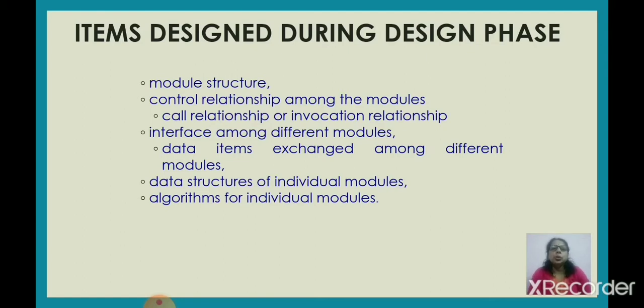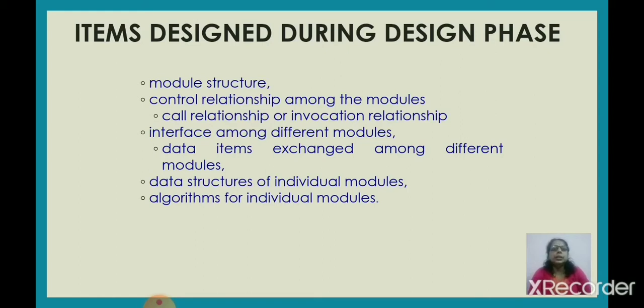Each module uses what type of data structure and algorithm, for individual modules. So these are the items that are designed in the designing phase. Means first the software engineer converts the software requirement specification document into different modules, and from the modules they decide the relationships.